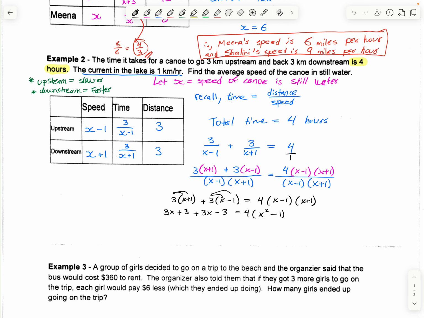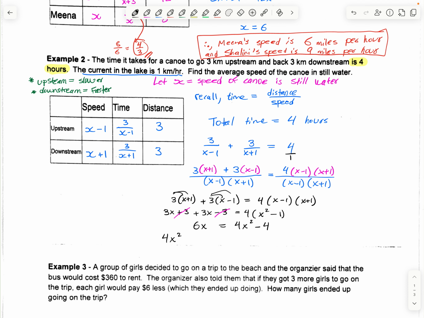Nice. And I will write this. Here, some things cancel out, positive 3 and negative 3. And then I get 6x is equal to 4x squared minus 4. I'll bring everything to one side, so I'll move this to this side. Subtract 6x from both sides. I'll write the 4x squared first.